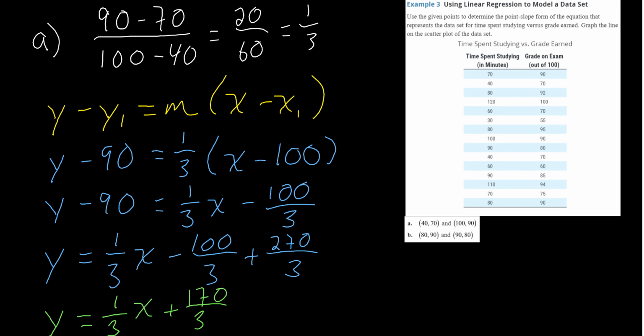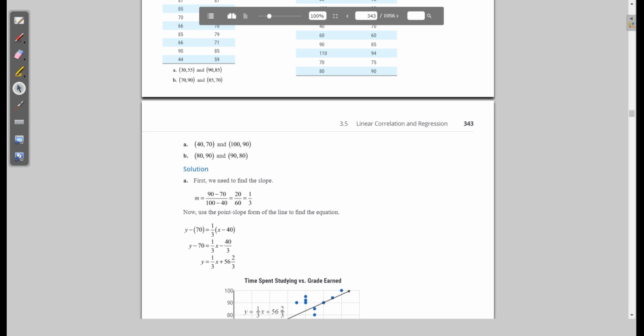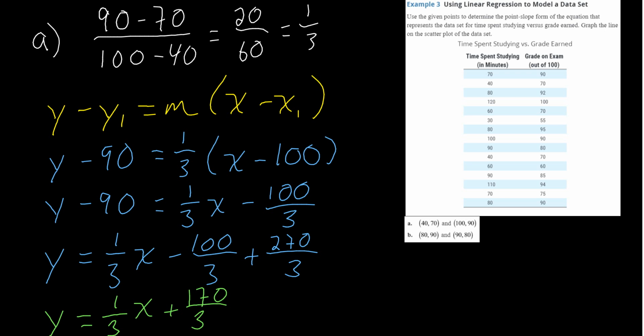Of course that's going to be the exact same as what the textbook has. Well, they reduced it even further, so 56 2/3. We don't actually go that far in other classes, but we can rewrite this.